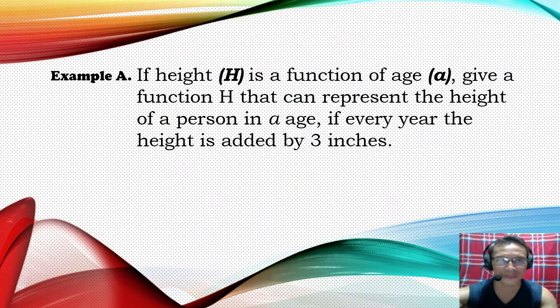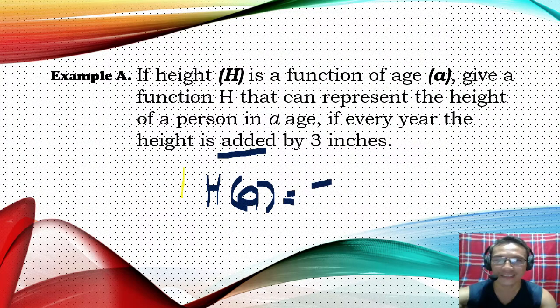so that h of a is equal to, since every year the height is added by 3 inches, we are going to add 3 plus the age.